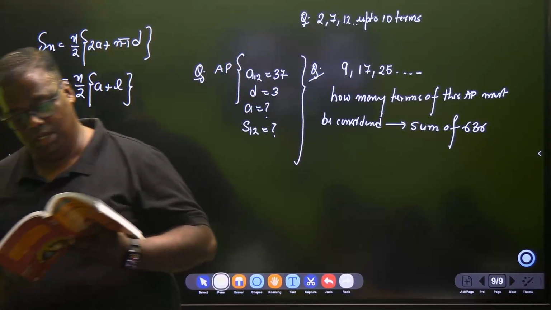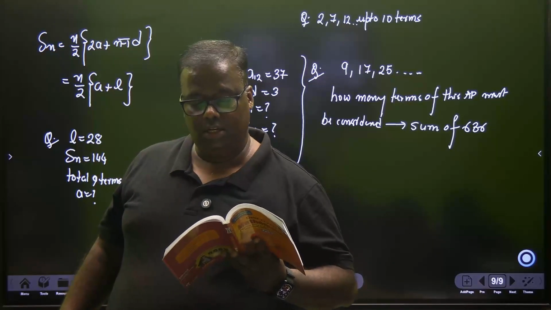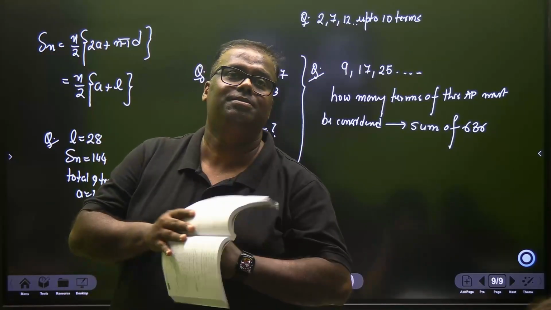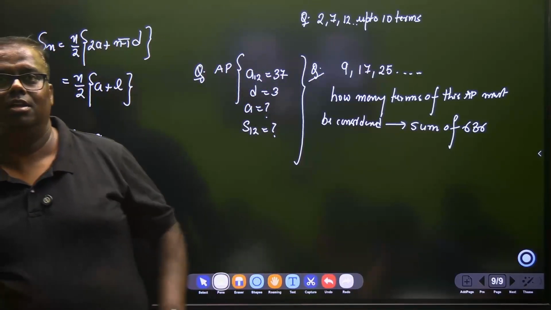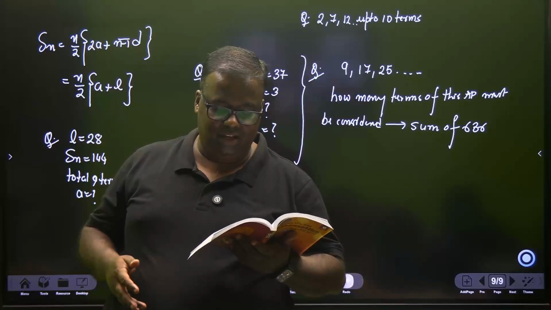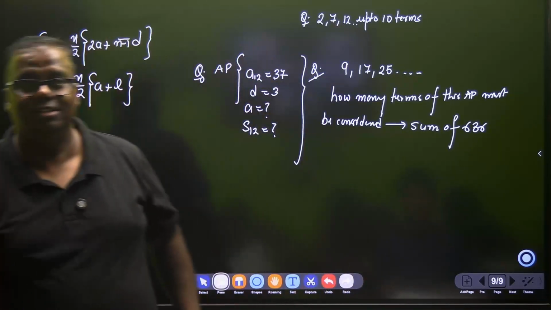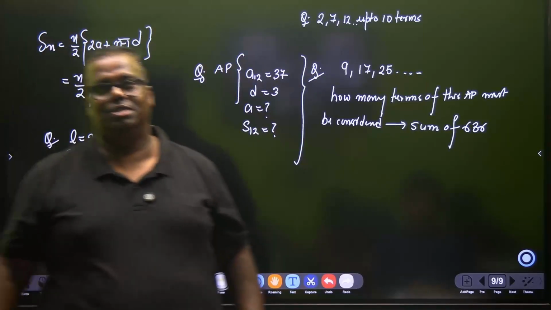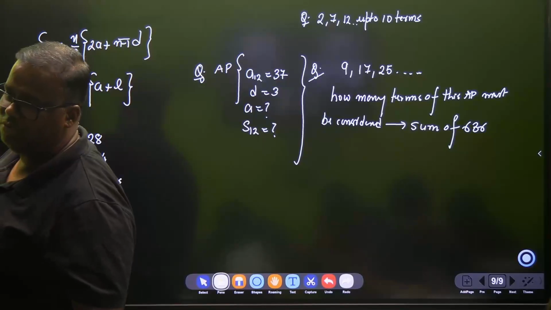What happens, Shreya? You will get a quadratic equation. Yeah, so the quadratic is 4 and 5 and 9. I am least bothered with all those. I need the answer. How many terms? What is your grandfather's name?